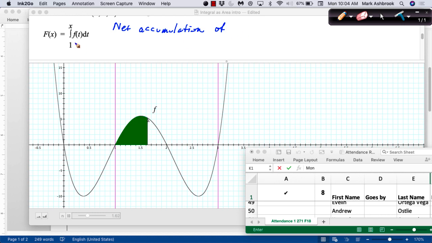Area, because why area? Because little f is the rate of change of area, right? Remember that? If you take the integral of a function, that function is the rate of change of the quantity that you're accumulating. So since f of t is the rate of change of area, this is a net accumulation of area function.